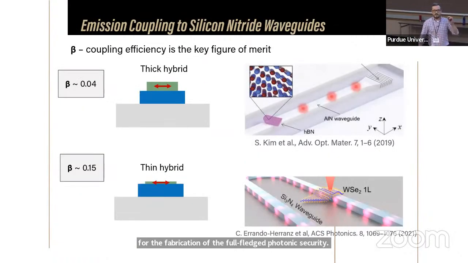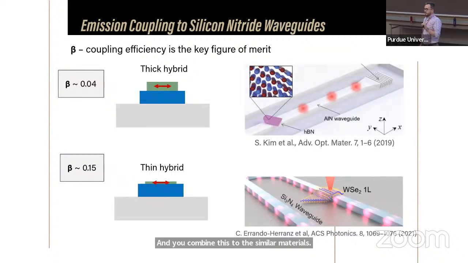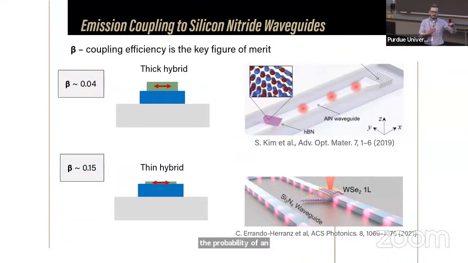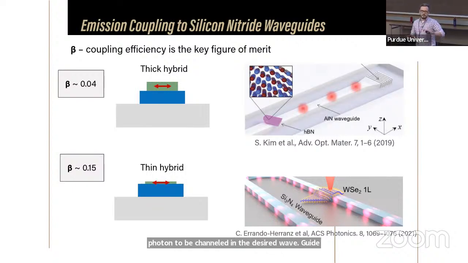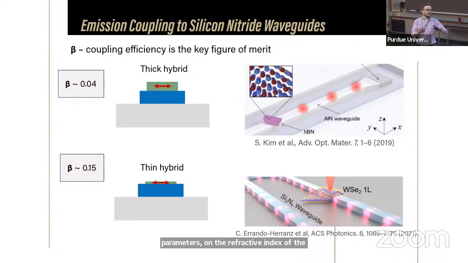One of the key figures of merit of these integrated devices is the coupling efficiency. The coupling efficiency is the probability of an emitted photon to be channeled in the desired waveguide mode. And generally, coupling efficiency depends on different parameters: on the refractive index of the material, on the integration schemes, on the footprint of the device.